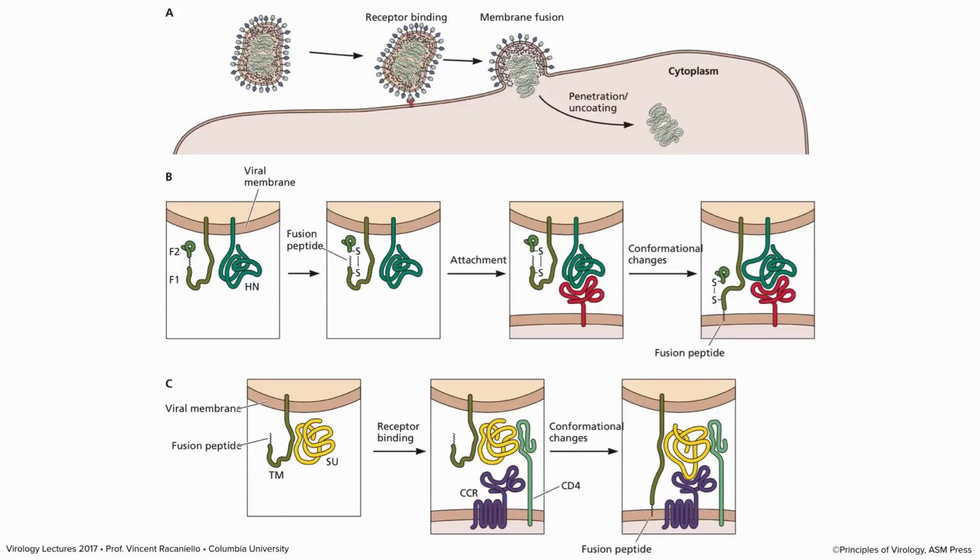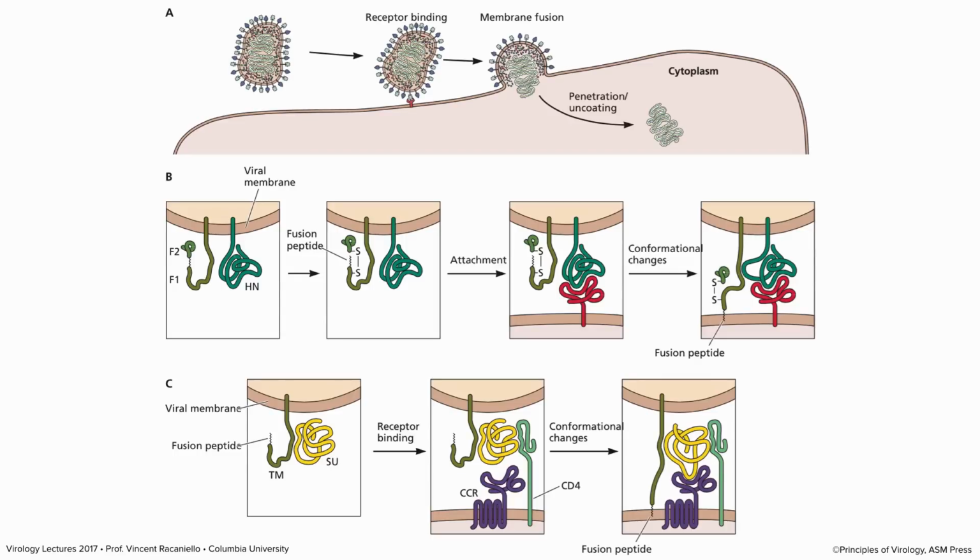And normally this is hidden in the virus particle. So in the stable virus particle, this fusion protein is hidden. It's buried up by the virus membrane. Only when the virus attaches to the right receptor is this fusion protein exposed, so that it can now insert into the cell membrane and catalyze fusion. So this is becoming destabilized, and the catalyst here is binding to the right receptor.